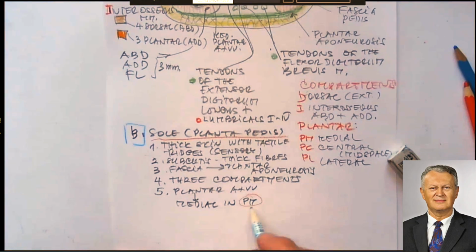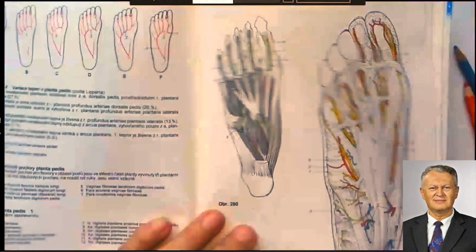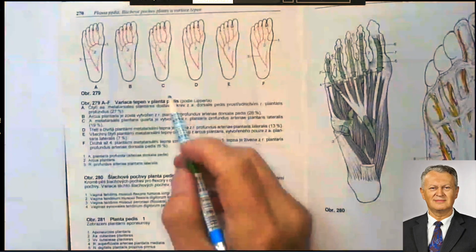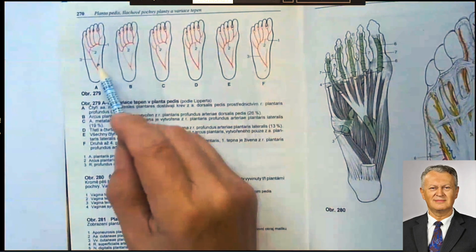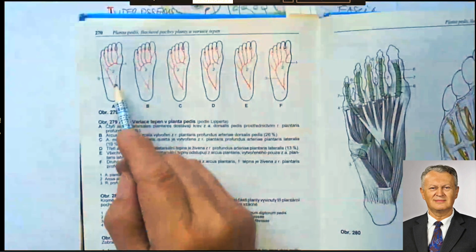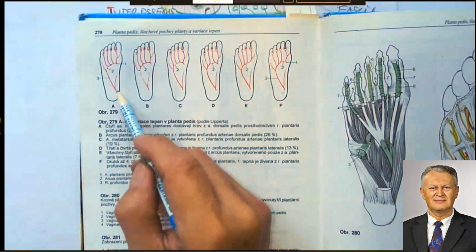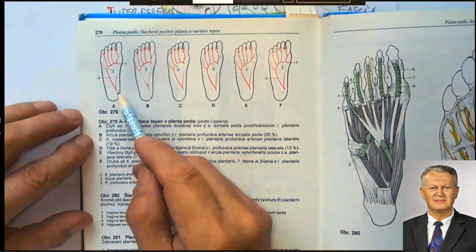Then the artery forms the medial one and usually runs on the medial side. Maybe that would be the drawing here. And before we complete it, you see the plantar arteries, there are some variants again. The probably most frequent is that one. We see the arteries, both of them.